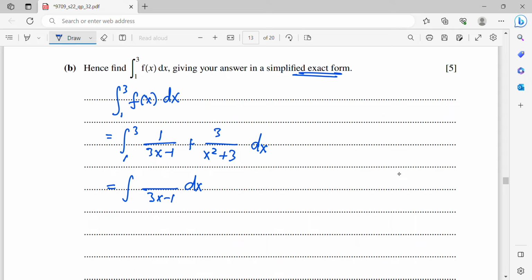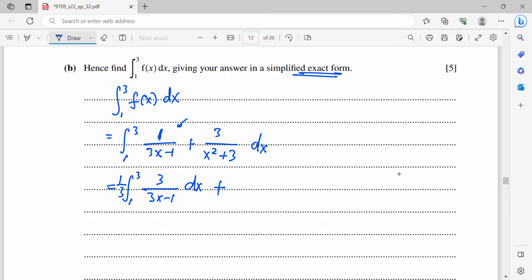So of course you have to check first whether it works or not. So differentiate 3x minus 1, it is 3. So when you compare with the original question, which is 1, I need to times another 1 over 3 outside to make it 1. So now this whole integration is exactly the same as the previous. Alright, so that's all for the first. Now for the second, because of the x squared, you cannot use the ln.